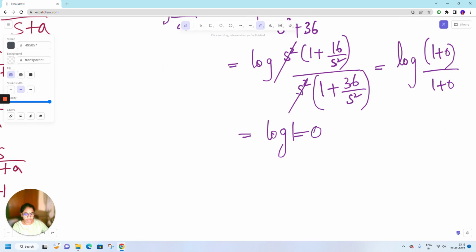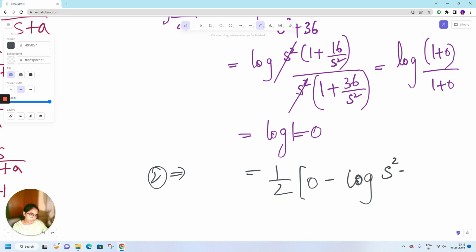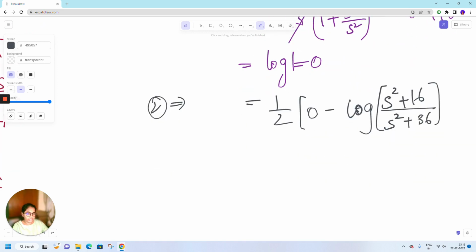Okay, from equation 2 we have a half. Upper limit would be 0. Lower limit would be as it is, that is log of s square plus 16 divided by s square plus 36, same like in the previous problem. I have negative 1 into, so I'll write it as, if I have a log b, I can write it as log b power a.